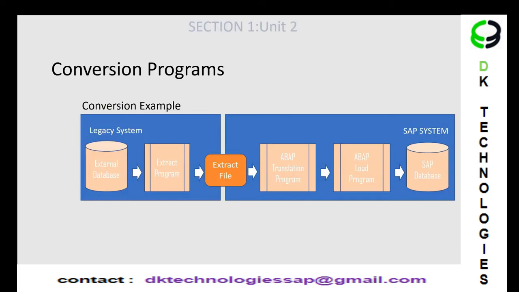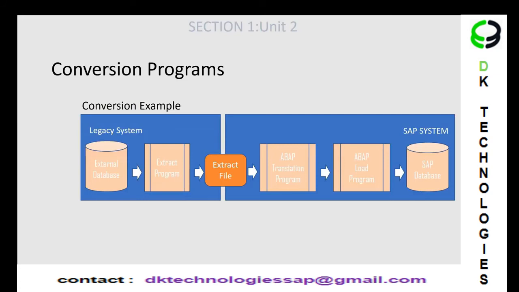Conversion programs are typically one-time used. When you first implement your SAP system, for example, you must be using some other system already, and you want to move all your data from your legacy system to your SAP system. Whatever system you're currently using before implementing SAP is called a legacy system. You already have your master data in that. You already have all your customer information.